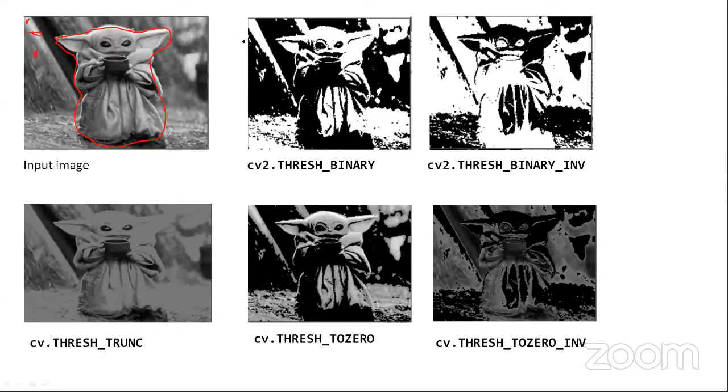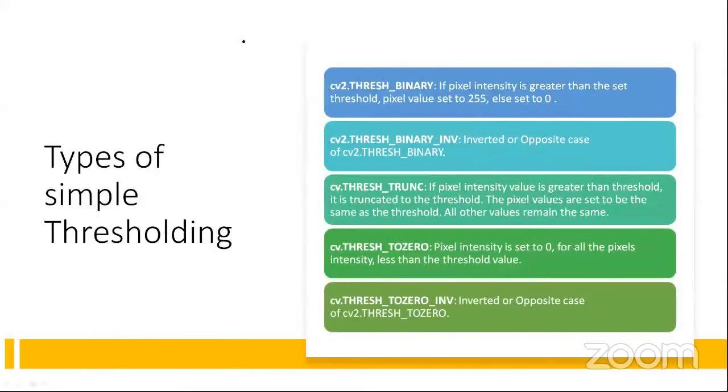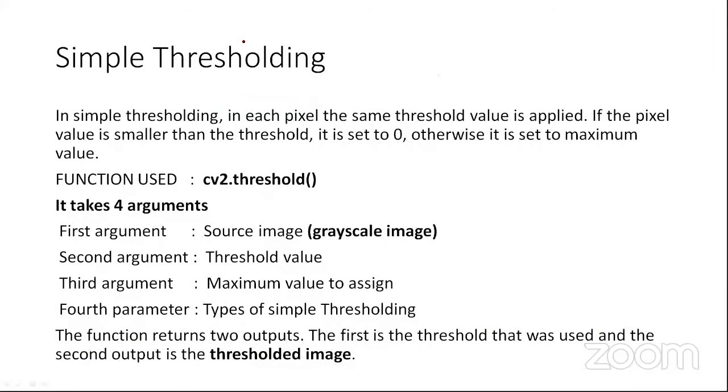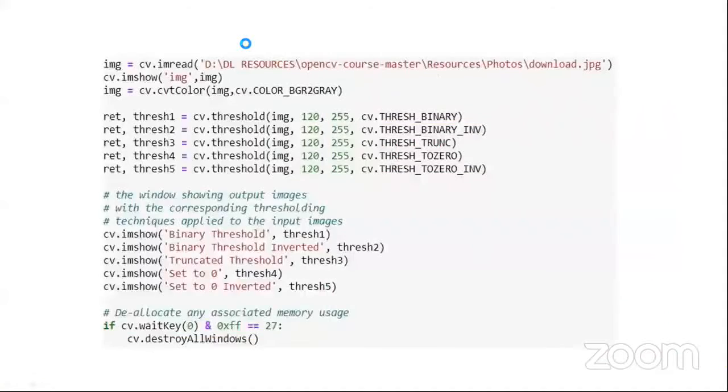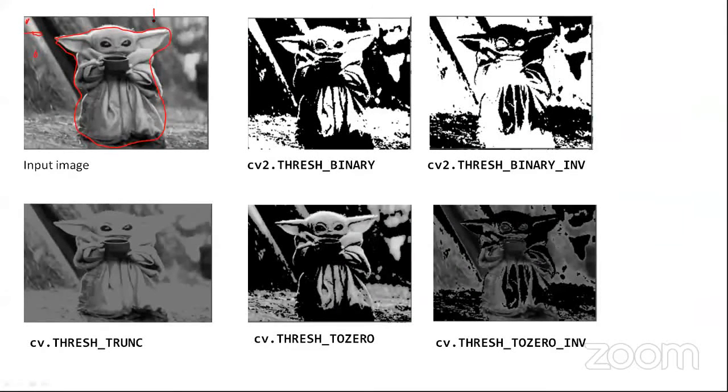So basically what we do in simple thresholding is we give a threshold. Let's say you give a threshold of 125, and you know that this value is 135 and this value is 100. I'm not able to write it on the window. What simple thresholding will do is check all the pixels.